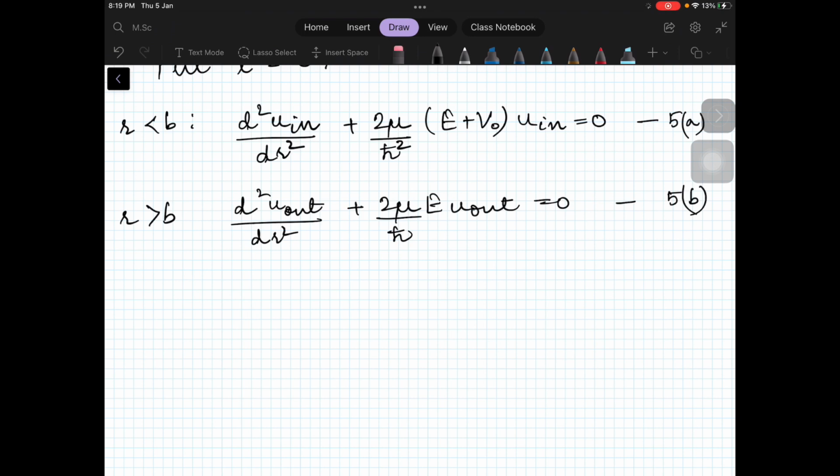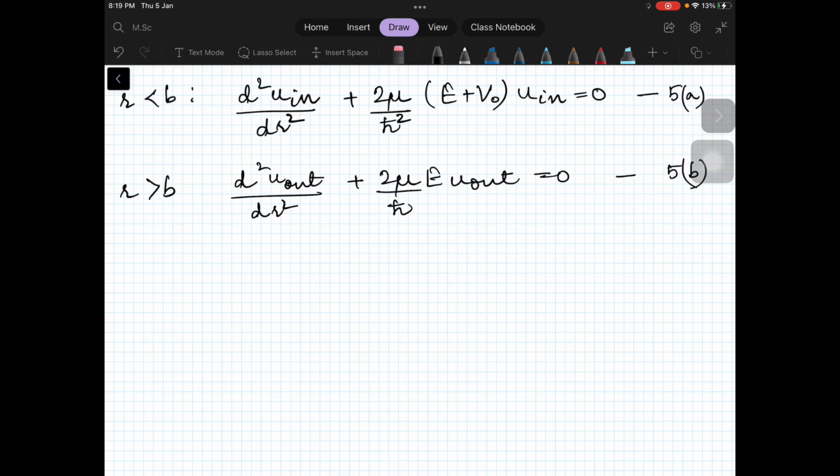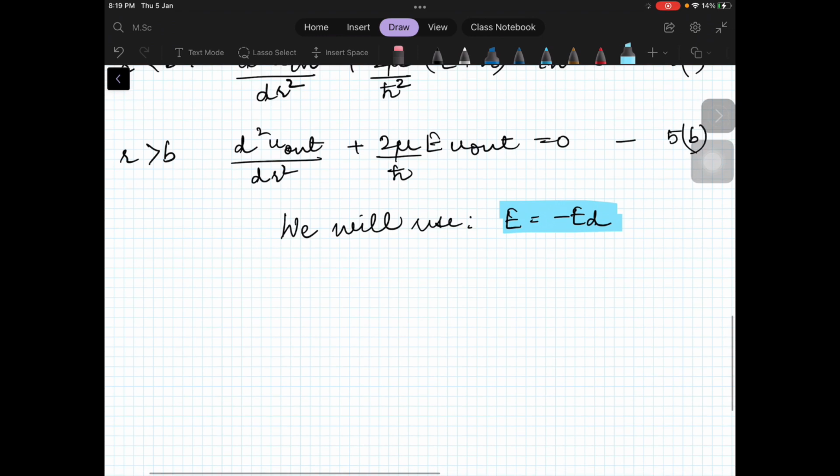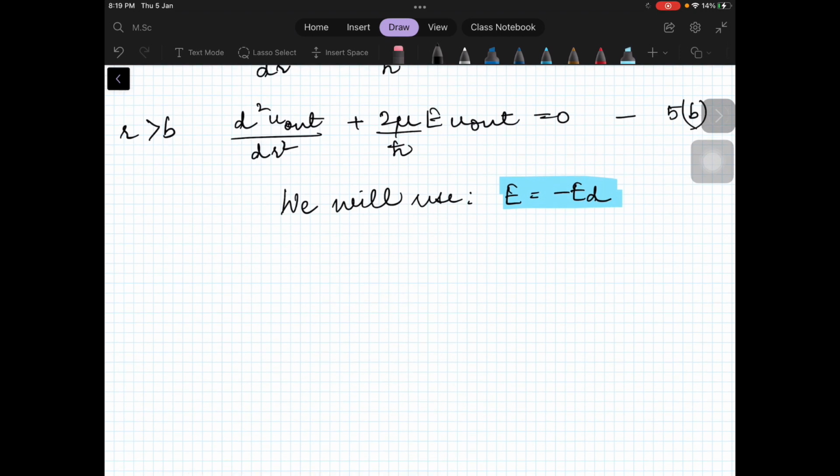And since we are talking about the bound state of the deuteron, we will put the energy to be negative. Therefore we will use E equal to minus E_D, since it's the bound state. I'll highlight this for you: wherever we are using capital E, it would be replaced by minus E_D. So our equations 5a and 5b become d squared u_in over dr squared plus M over h cross squared (V naught minus E_D) u_in equal to 0.